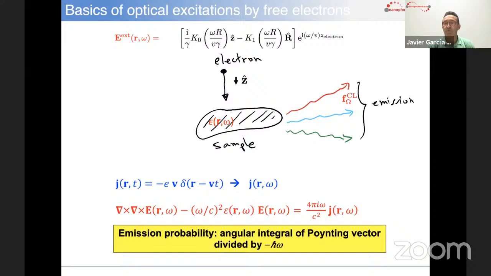And then what you can do is, from this emission amplitude, integrate the Poynting vector associated with it over a distant sphere, also integrated over time. And this gives you the energy that is emanating from the system at a given frequency. Now you divide by h bar omega, the photon energy, that's the number of photons, right?